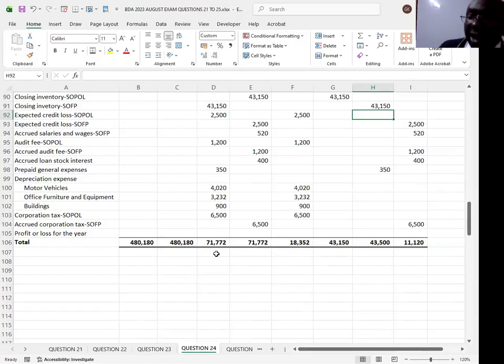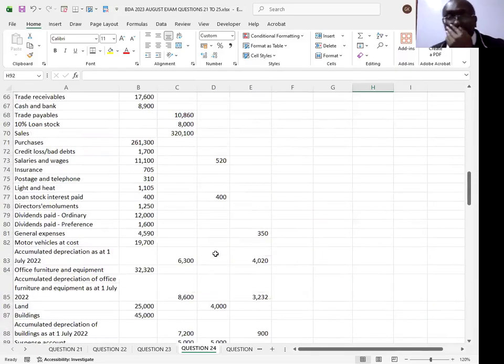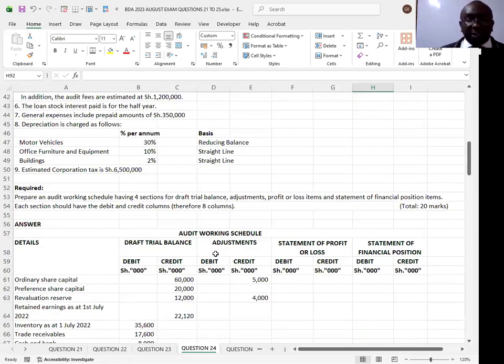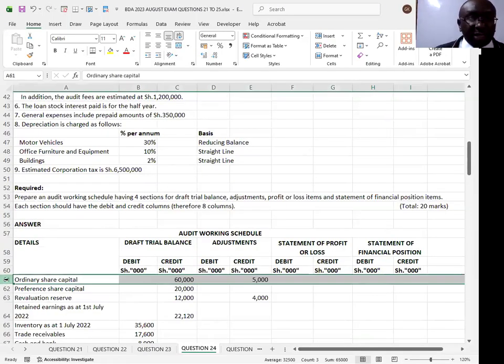From there, let's now ensure that everything is fully completed. Tukianza hapa kwa ordinary share capital, we began with 60,000. There was an adjustment of 5.